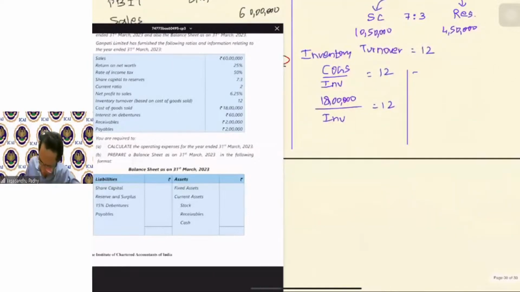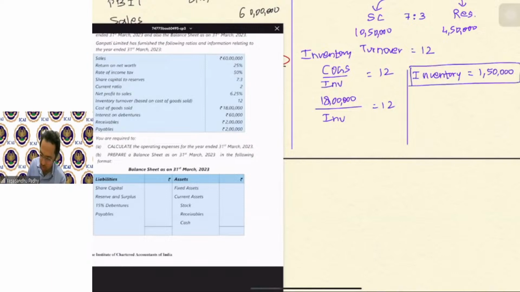Essentially, we get the value of inventory to be 18 lakh divided by 12, which is 1 lakh 50,000. We get the inventory or stock to be entered in our balance sheet to be 1 lakh 50,000.